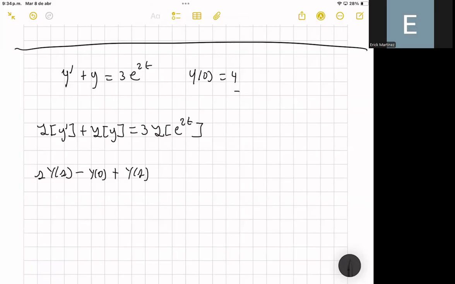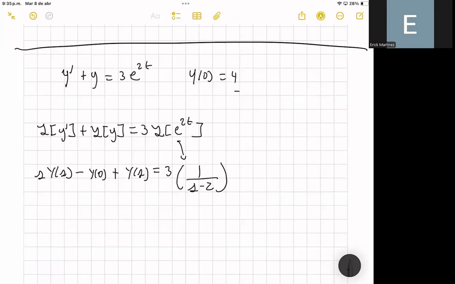And this should be equal to 3 times the Laplace transform of this exponential, and this is equal to 1 over s minus 2. I am skipping the step of the table or the identity because I remember this Laplace transform, but you can look at the tables and check for this.